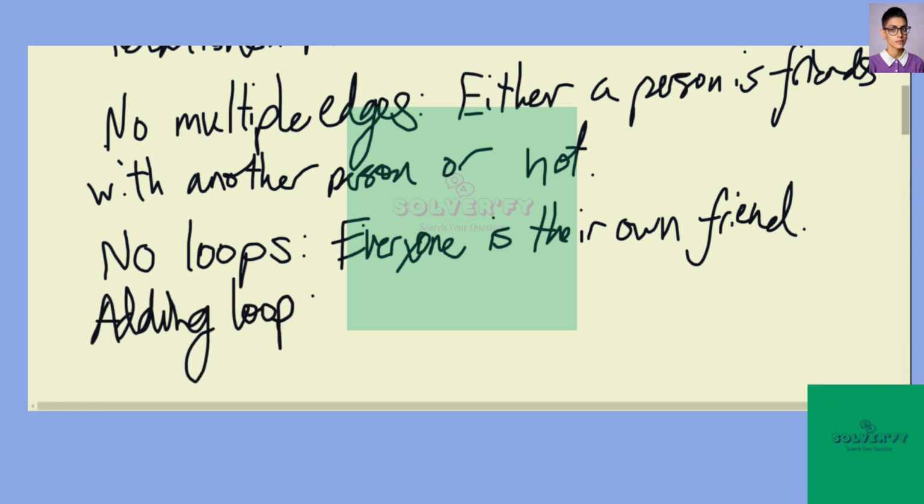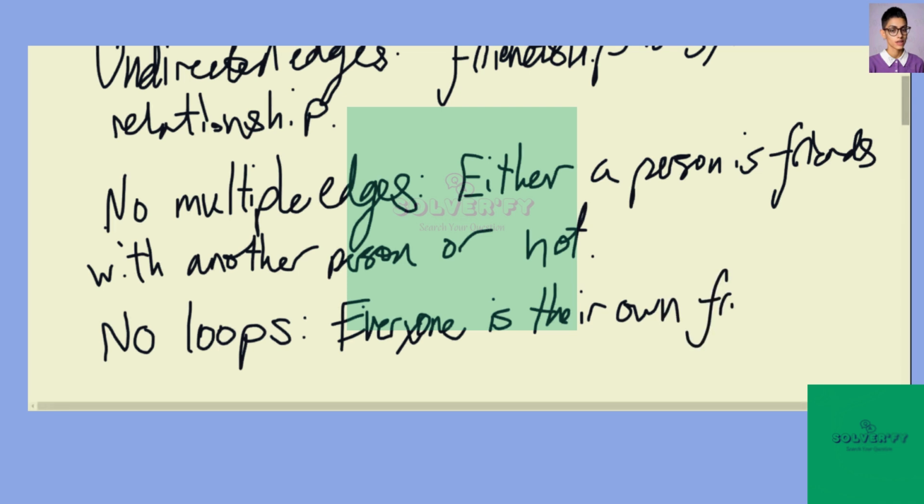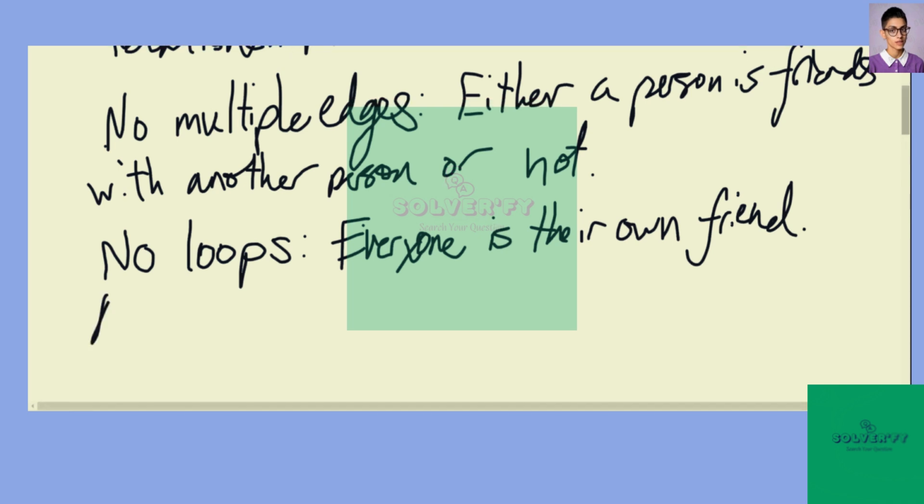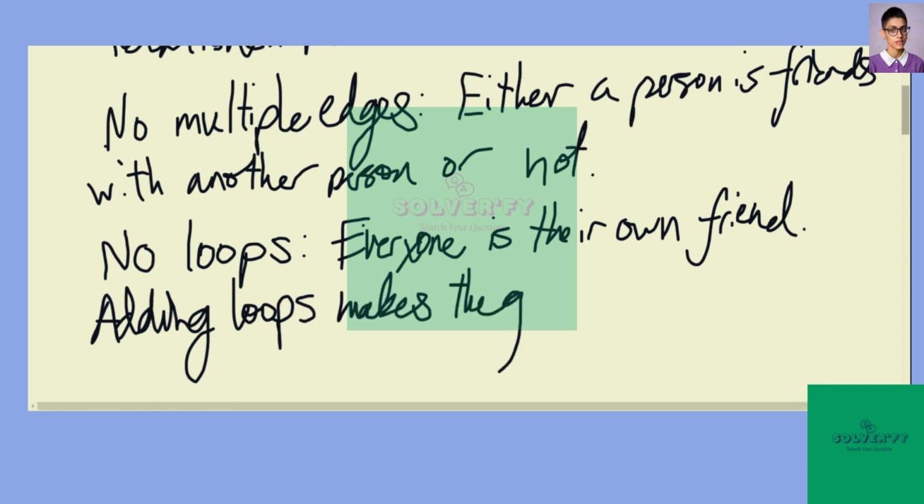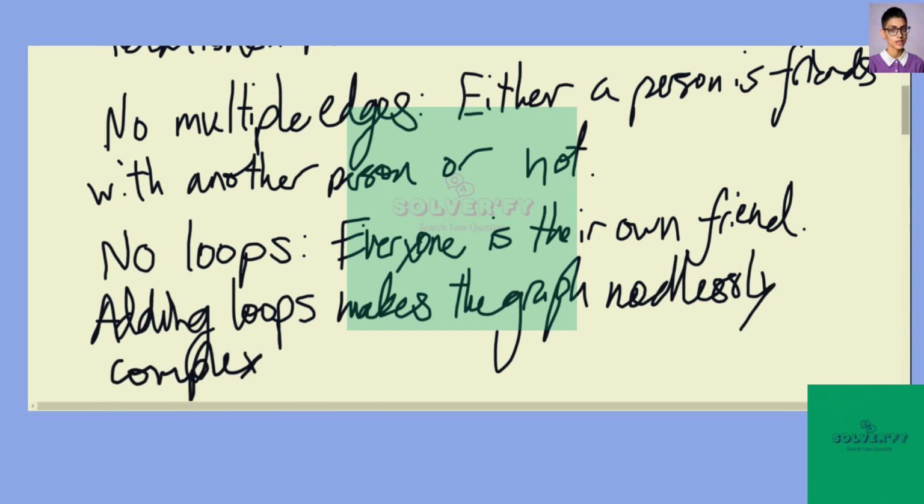They're friends with themselves. And so adding loops makes the graph needlessly complex. I suppose one could also argue that there are no loops because friendship is a relationship that requires two distinct persons. But I think my explanation is also decent.